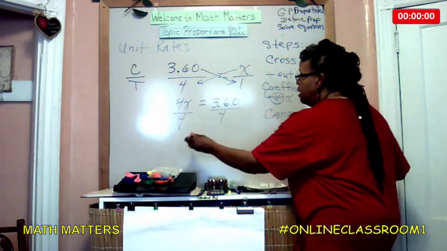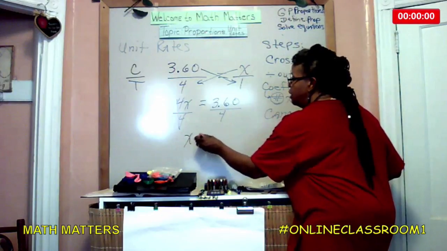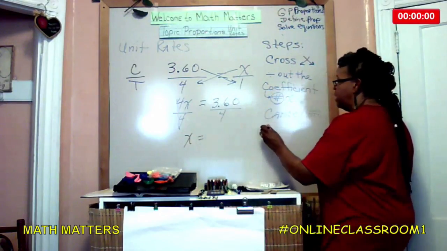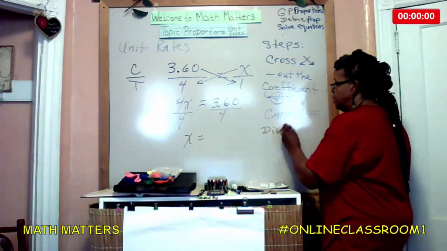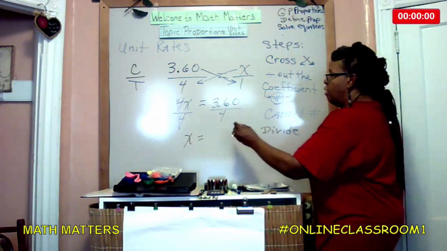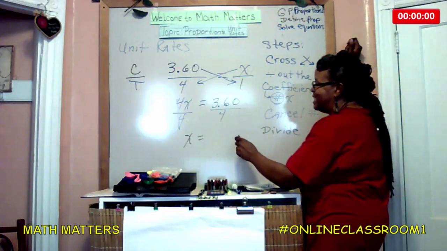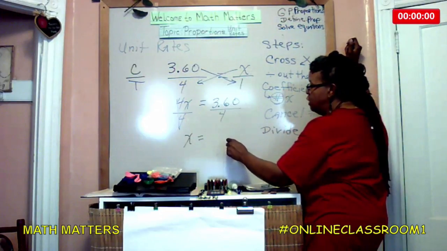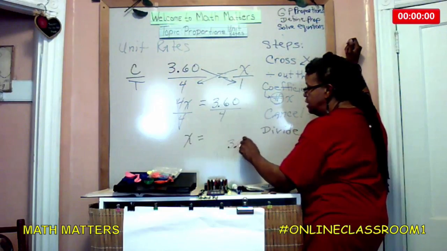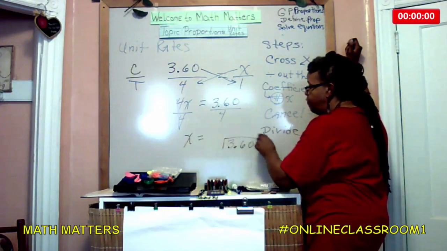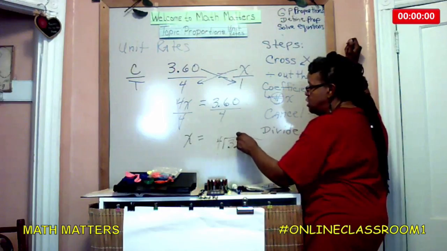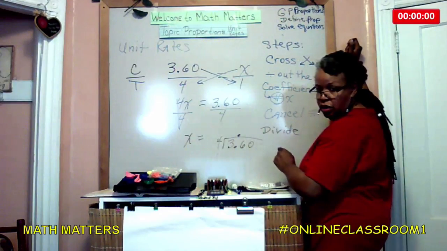All right, so then we bring down the variable is equal to, and then go ahead and divide. All right, so 4 goes into 36 or $3.60. So let's do that. $3.60 divided by 4. First thing we need to do is put our decimal in our answer.